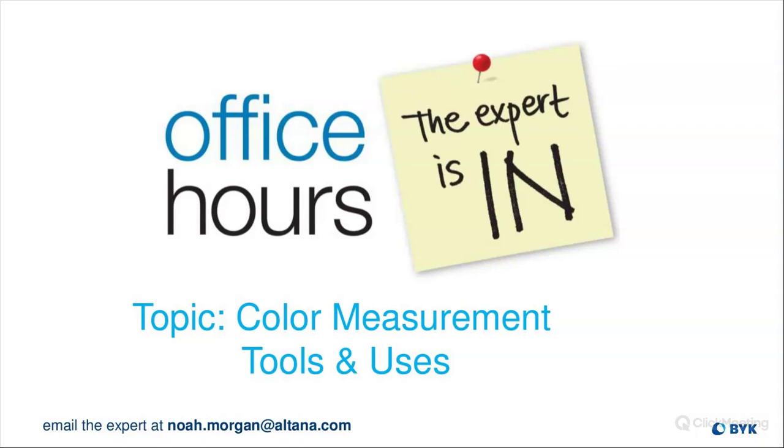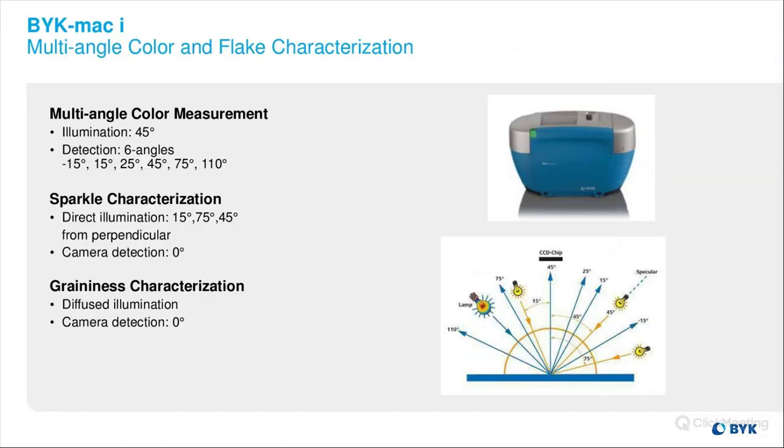Specifically with some of the instrumentation, I brought up circumferential versus linear. That's a problem I see sometimes, where you'll look at data one way using a BYK-mac, and that's using linear illumination. I'll go back to the slide here. But essentially, you have a singular light source for color coming from one side. And so if I start to change it, especially with different flakes, if I change the orientation of how I'm holding it on the surface, now I'm going to get a completely different set of values.